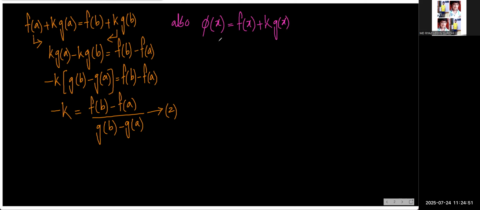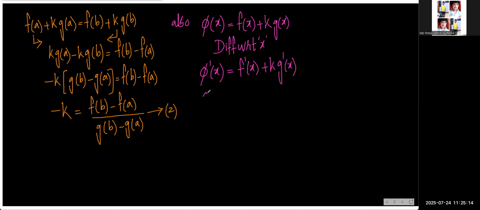Now this one we have to differentiate with respect to x on both sides. We get phi dash of x is equal to f dash of x plus k into g dash of x. Now x is replaced with c.